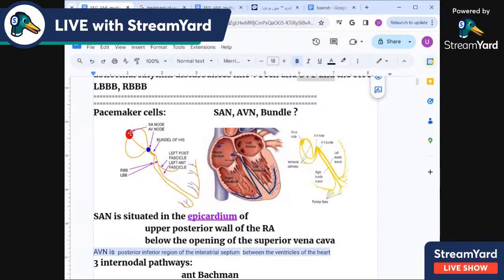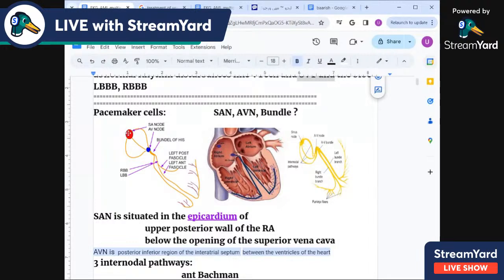It is in the upper posterior wall of the right atrium below the opening of the superior vena cava. The second one is the AV node, another pacemaker, and this one is also situated in the atrium, but in the bottom part of the right atrium. So both the SA node and AV node are situated in the right atrium.